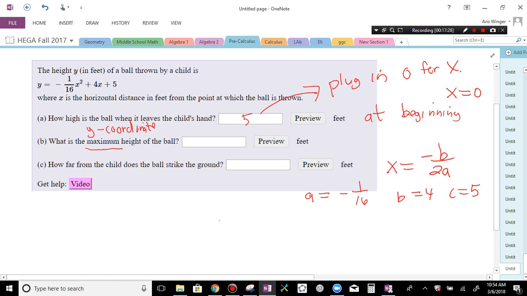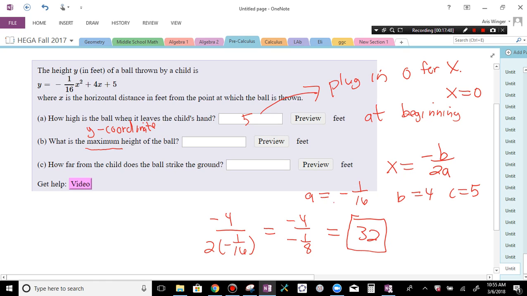And so it's going to be negative 4 over 2 times negative 1 over 16. Right? And so that's going to be negative 4 over negative 1 over 8. And that is actually 32. Okay. That is the x coordinate of the vertex.